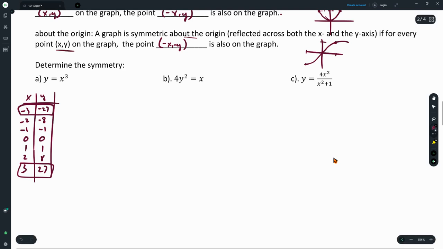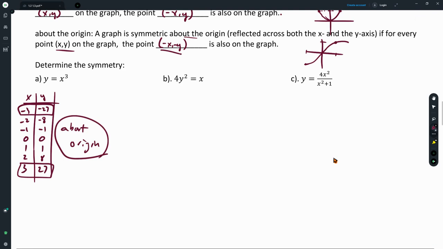This is the case of symmetric about the origin. You have the same values of x and y, but they both change sign. So it's about the origin.